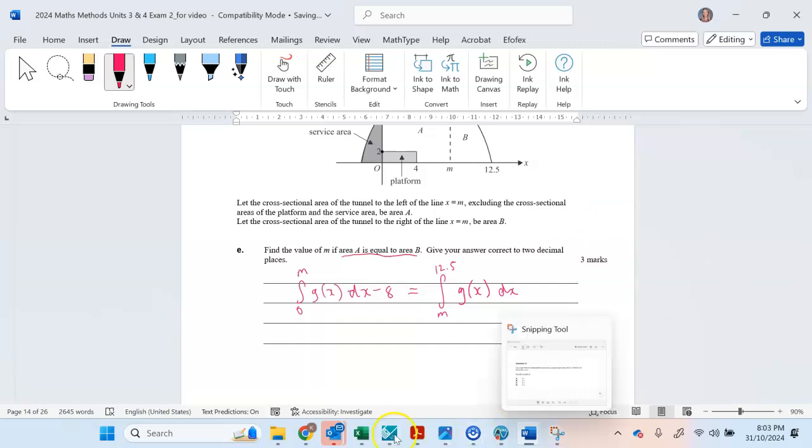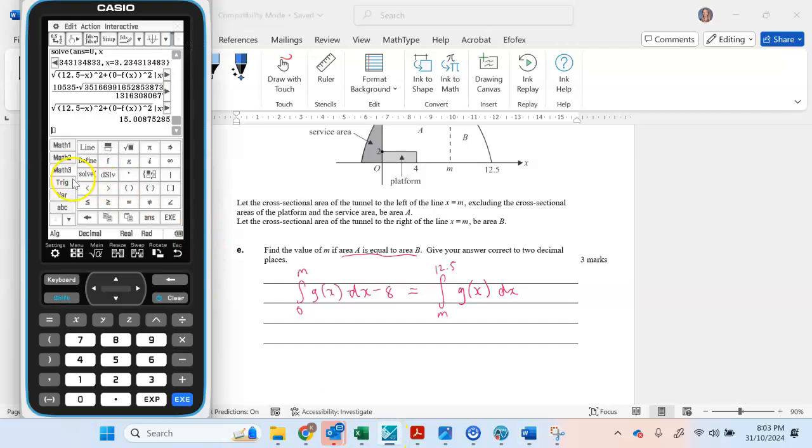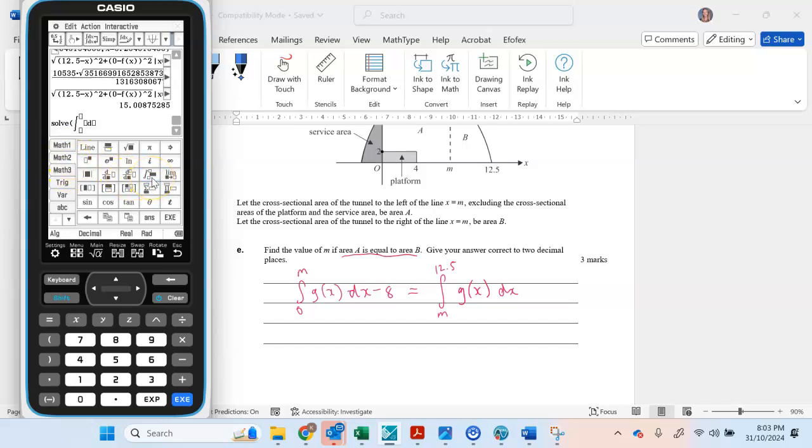All right, so let's do that on the calculator. It's going to be a solve. And there's my definite integral. We're going from 0 to m. And remember, I defined it as f of x, so that's why I've got f of x on there. dx minus 8 is equal to, and then we're going from m to 12.5 of f of x dx, and we're solving for m, so comma m.